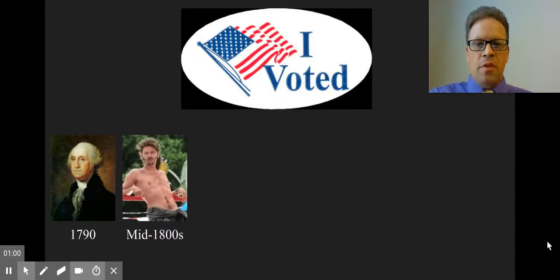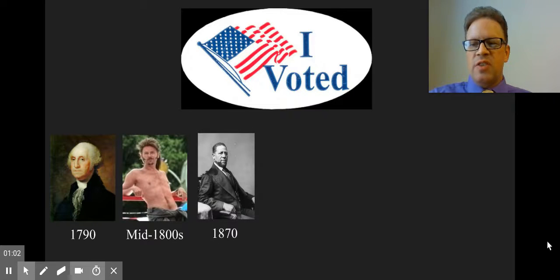But then the 15th Amendment was passed in 1870, which said the right to vote was extended to all adult males regardless of race. However, in spite of this constitutional guarantee, blacks were systematically prevented from voting for nearly another century.